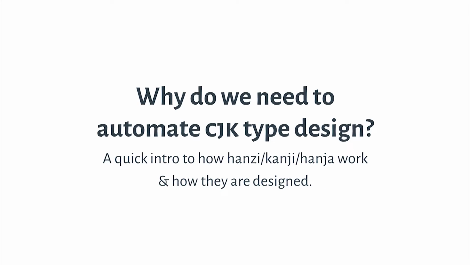So, first things first, why do we need to automate CJK type design? The very simple reason is that these writing systems involve Chinese characters, or Hanzi, which take up most of the code points in Unicode. We may have already heard about this story several times, but I will still go over this part, since this is a new version of the story.